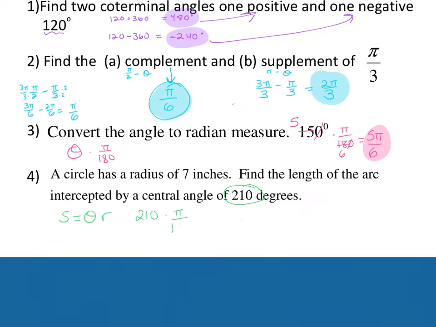So I'm going to multiply times pi over 180, again cross through my zeros, and again 3 goes into both of these. This would be 7 pi over 6. Now I take that and multiply it times the radius, which is 7, and I get 49 pi over 6. And I have a unit here, it's inches. So the arc length is 49 pi over 6 inches.